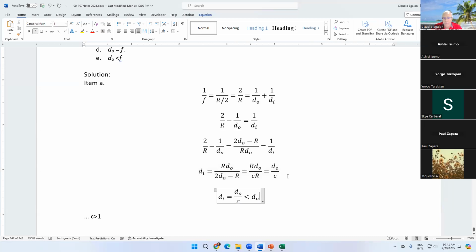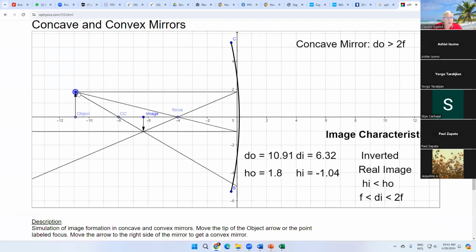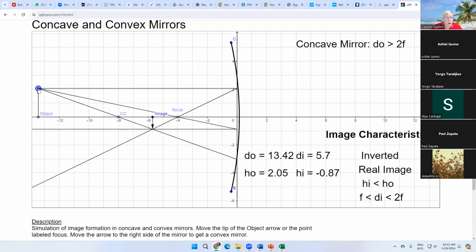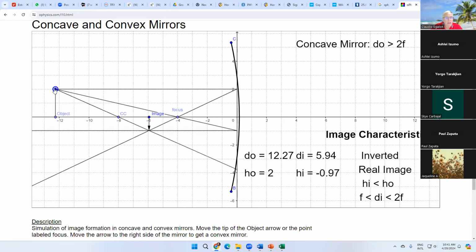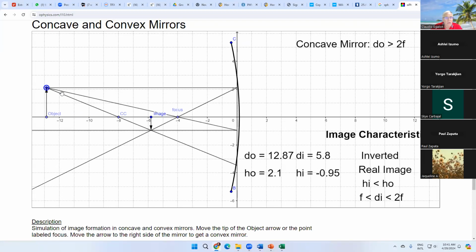Less than d_o. That's exactly what we saw, right? If the object is past the center of curvature, d_i will always be less than d_o. Okay.